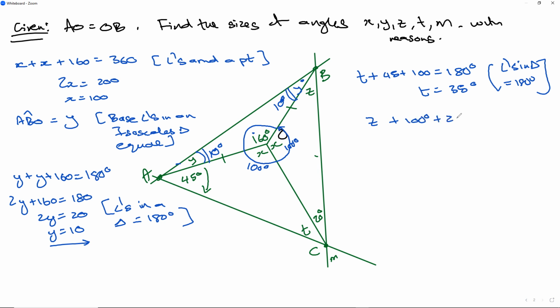Z plus 100 plus 20 equals 180 degrees. Z plus 120 degrees equals 180 degrees, so Z equals 60 degrees. And the reason is because of the same thing: angles in a triangle equal 180 degrees.